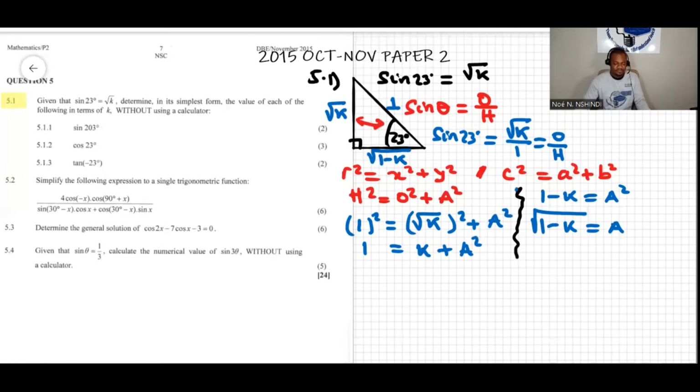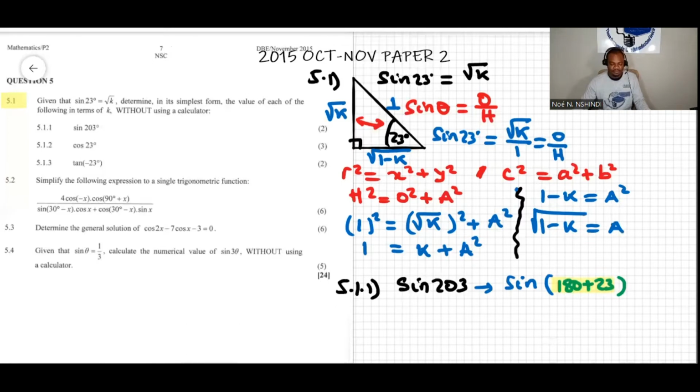Question 5.1.1 says that we need to find sine of 203 degrees. First of all, we can notice that we can reduce the angle, because we can write it as sine of 180 plus 23, since 180 plus 23 is equal to 203.